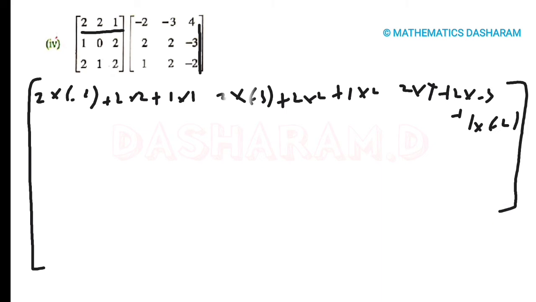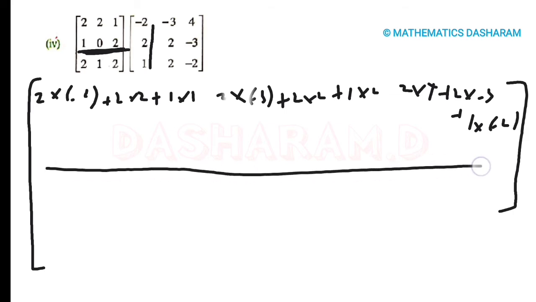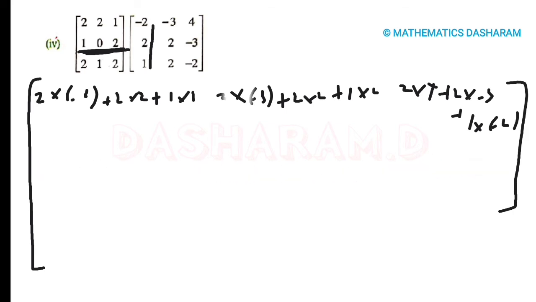Okay. Next, second row first column. So here the first row is completed already. Now second row means you start the second row, a new row now. So here 1 into minus 2 plus 0 into 2 plus 2 into 1.